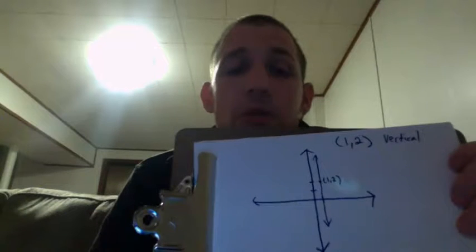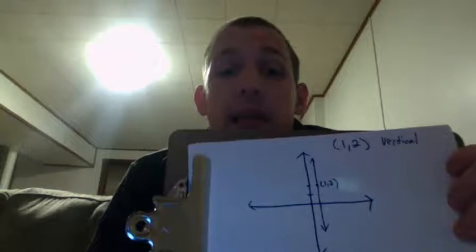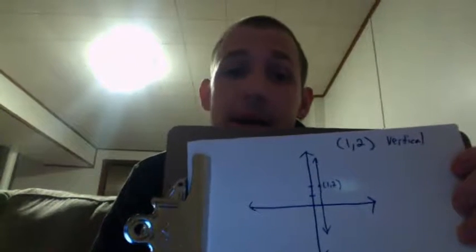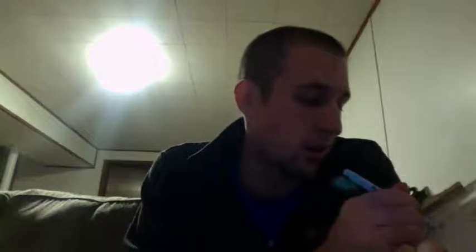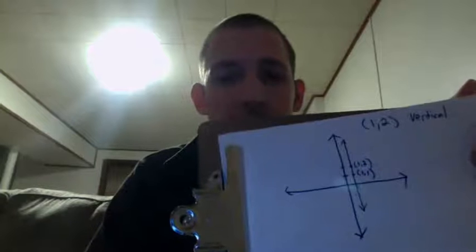Now label some other points on that line because they're easy to label. The point (1, 1) is right below it. The point (1, 0) is also on there. If I go down a couple, I can get to the point (1, -2).